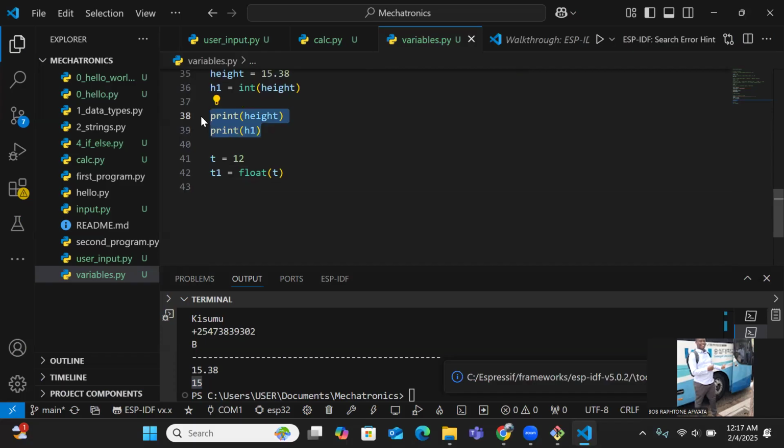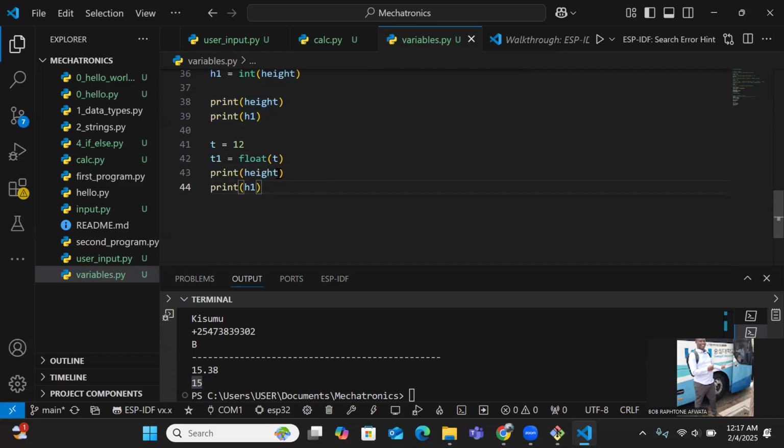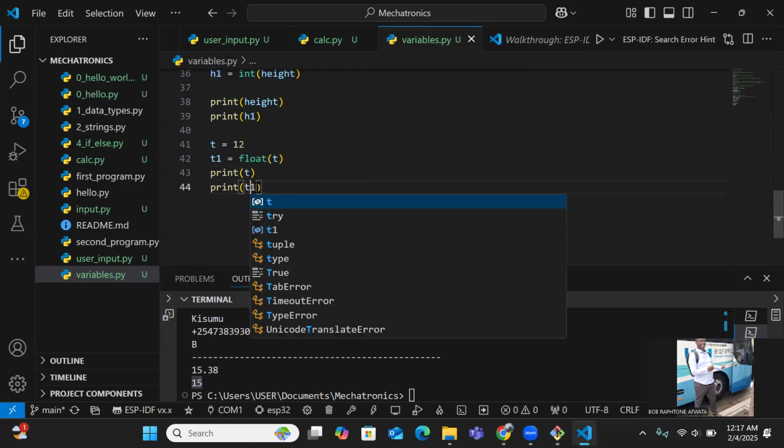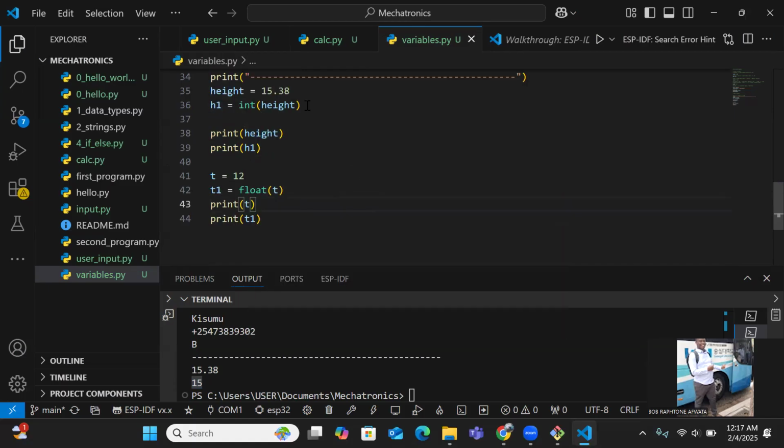Then you copy that and print t and then t1.